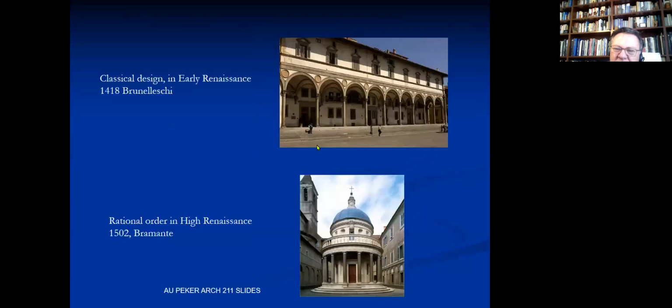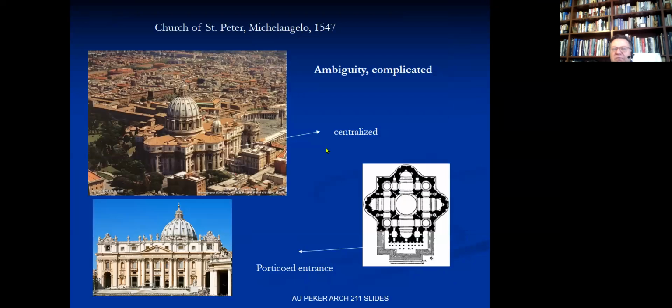But here now, the organization of the facade as well is centralized. Not the building inside, the interior centralized underneath a single dome, but the entire surface now has concentric relations, or parts of the facade have concentric relations. Yeah, this is a new trend started with Michelangelo's St. Peter.